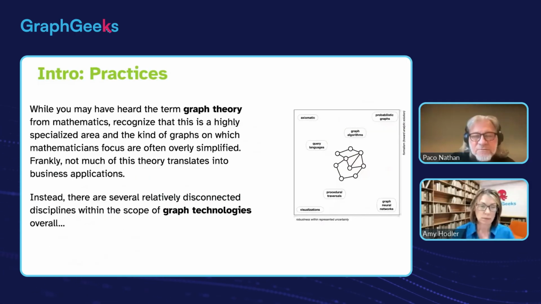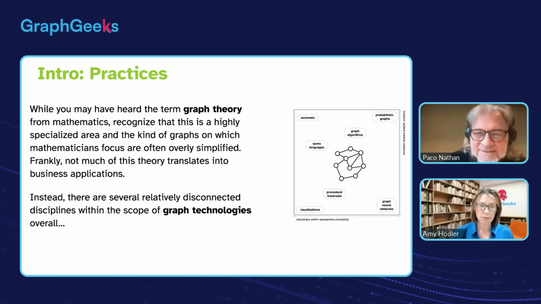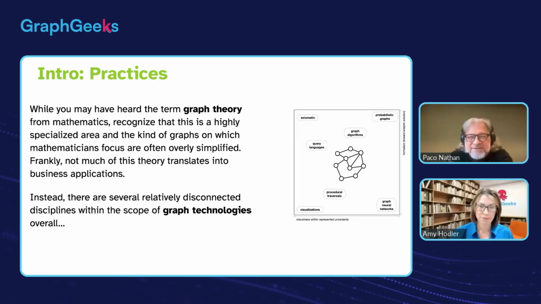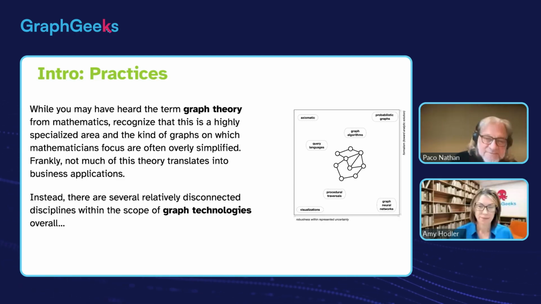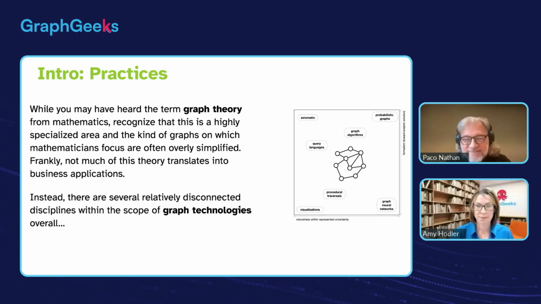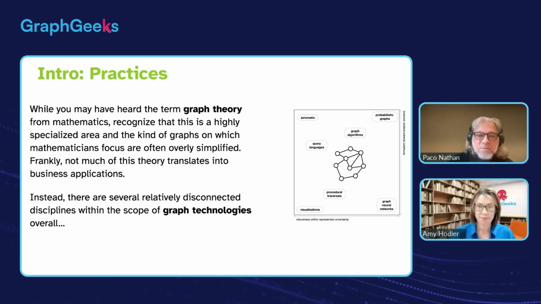I also want to be careful while we're talking about caveats and practices. You may have heard the term graph theory from mathematics. And I find that people who are, how should we say, more on the business side of the house, but maybe not on the technical side, when they want to start talking about something that is complicated and a lot of technology and maybe a little bit more academic, they'll rush to say something like graph theory, even though they probably don't have a good idea of what graph theory is.